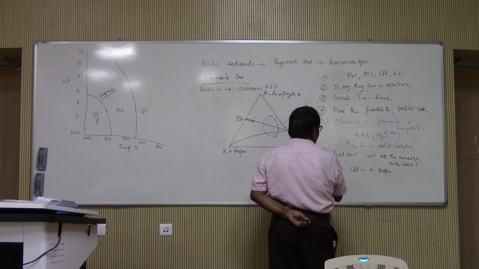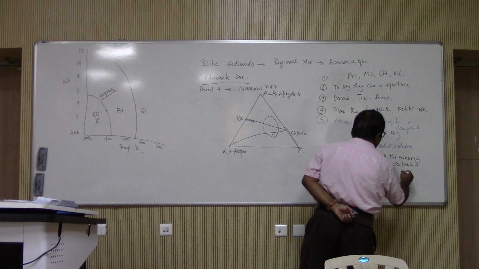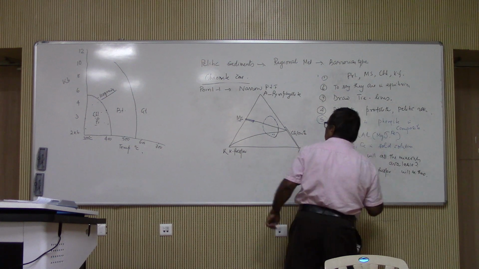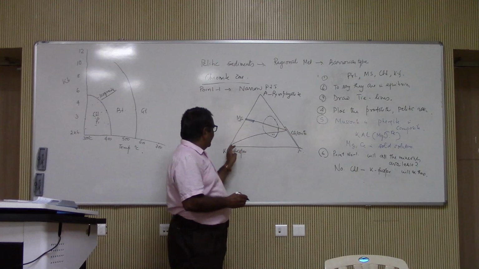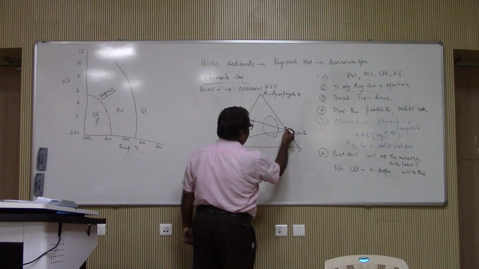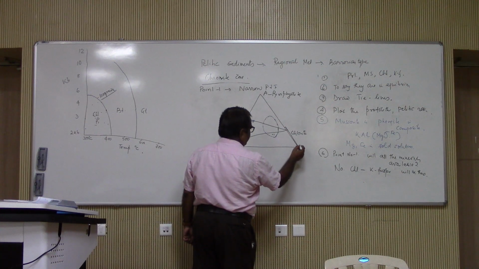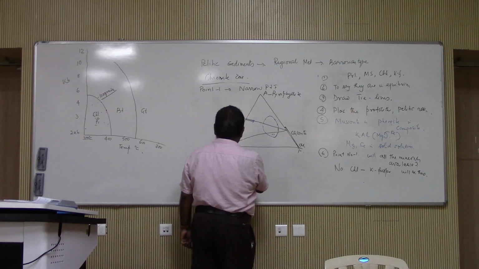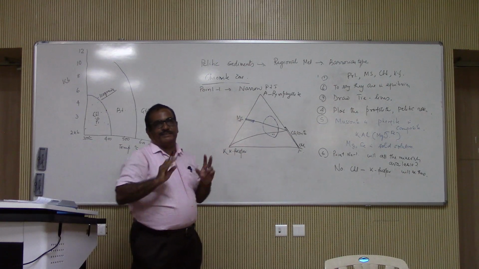This one though we have not defined. These two minerals will be there, क्योंकि ये इसी फील्ड में रहता है. ये पूरा क्लोराइड है ना, यहाँ से यहाँ तक एवरीथिंग इज क्लोराइड. ये भी क्लोराइड है, यहाँ तक क्लोराइड है. सो क्लोराइड एंड पोटाश फेल्डस्पार, दीज आर द टू फेजेस.